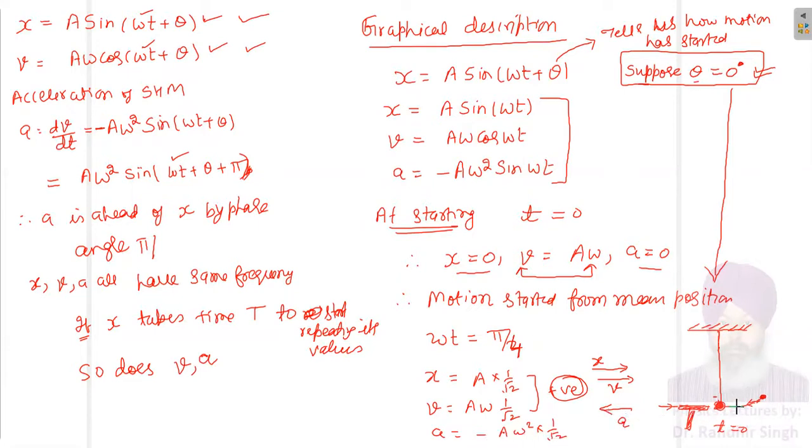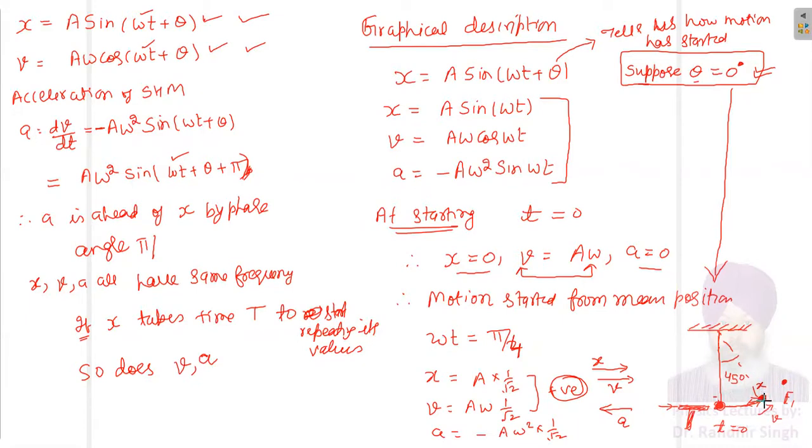Its meaning is that suppose this is my extreme position E1, and it is going toward the right side, let us say this angle is 45 degree. At this 45 degree angle, its position is positive because it is to the right side, and it is moving to the right side, that is why velocity is positive.